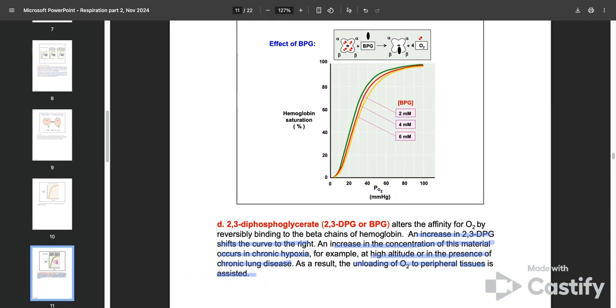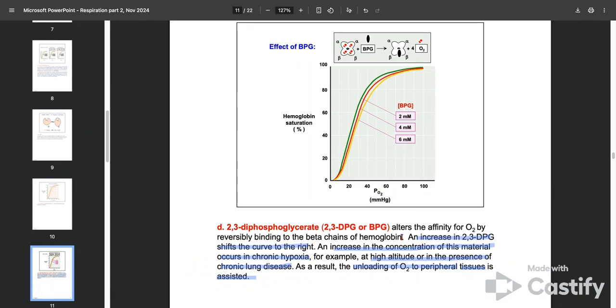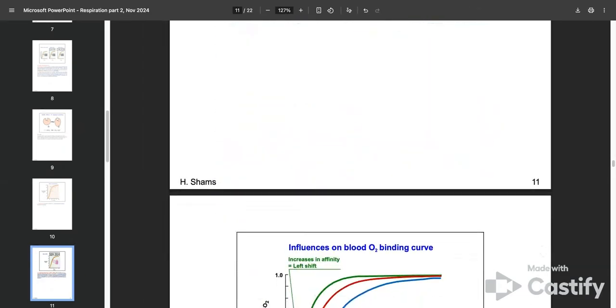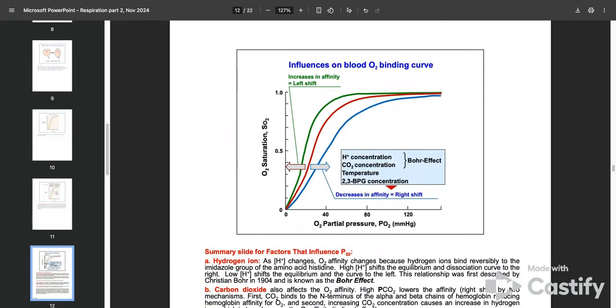They both mean two in Greek, Latin, whatever. So when you have more 2,3-DPG, the curve shifts to the right. It helps you release oxygen, and this happens when you have chronic hypoxia, or you're at a high altitude, or in the presence of chronic lung disease. So this is what your body does to help you release the oxygen. Okay, cool. In the tissues, of course.